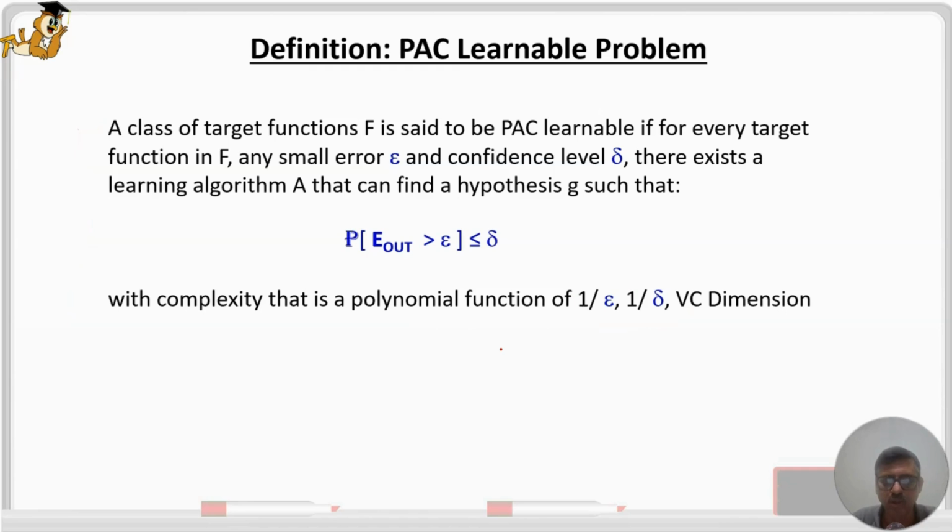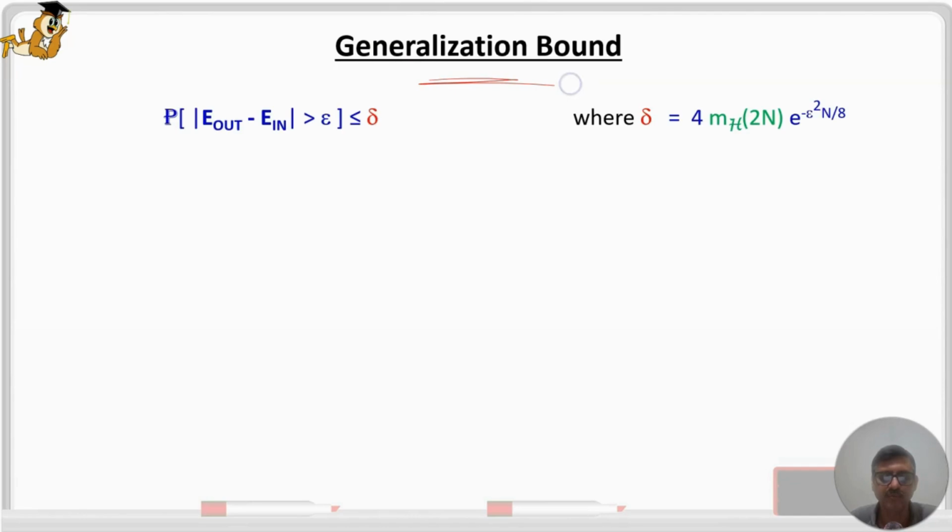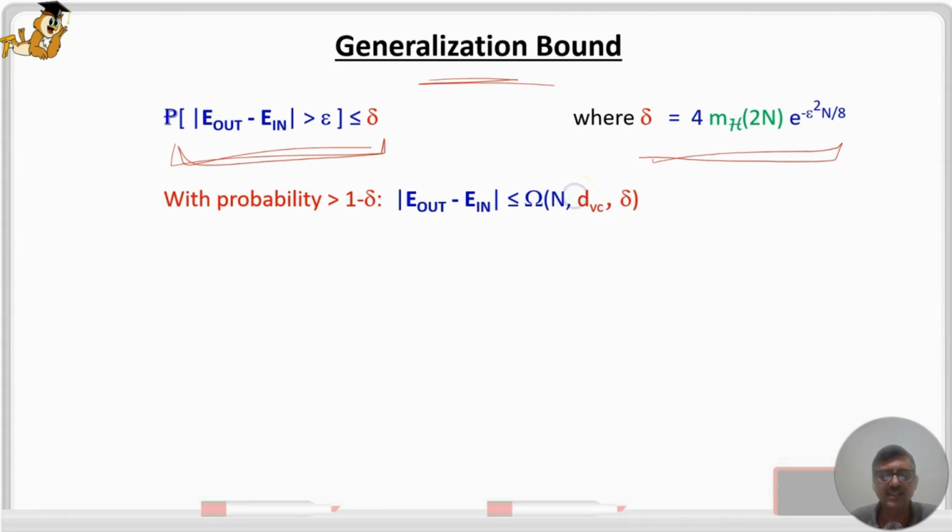Okay, let's move on. I have another definition for you. The generalization bound. The generalization bound, again related to what we have been doing so far. We have looked at this equation on many slides so far, where delta is equal to this quantity. Okay, and therefore what we can say, if we flipped this around, probability less than delta, if you flip this around, what you can say is with probability higher than 1 minus delta, where delta is a small number.